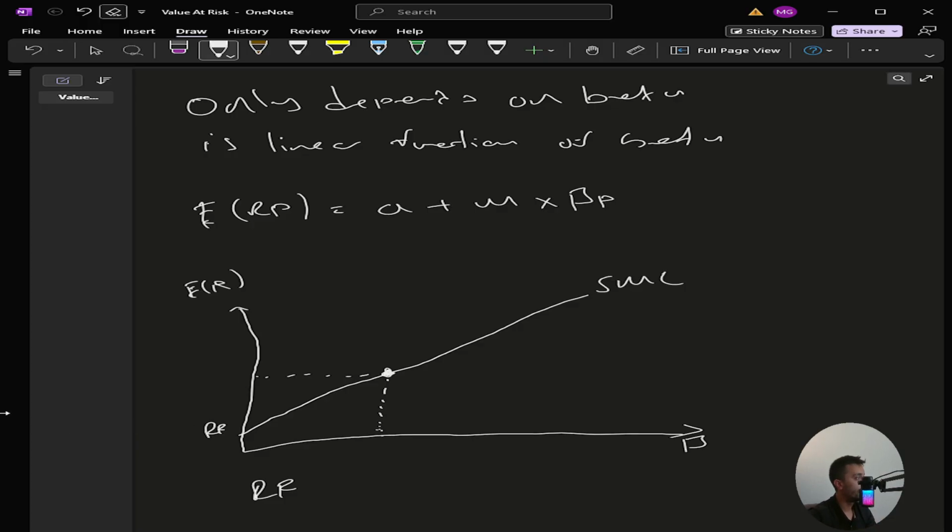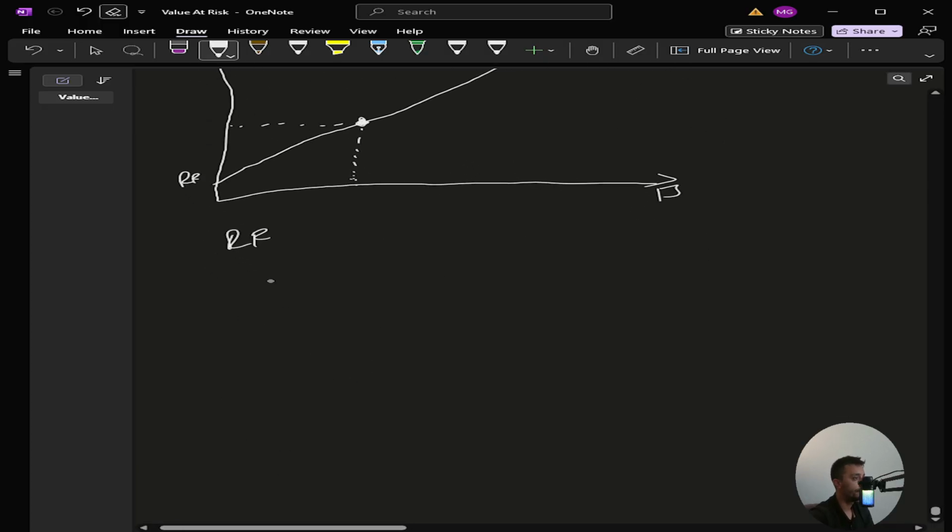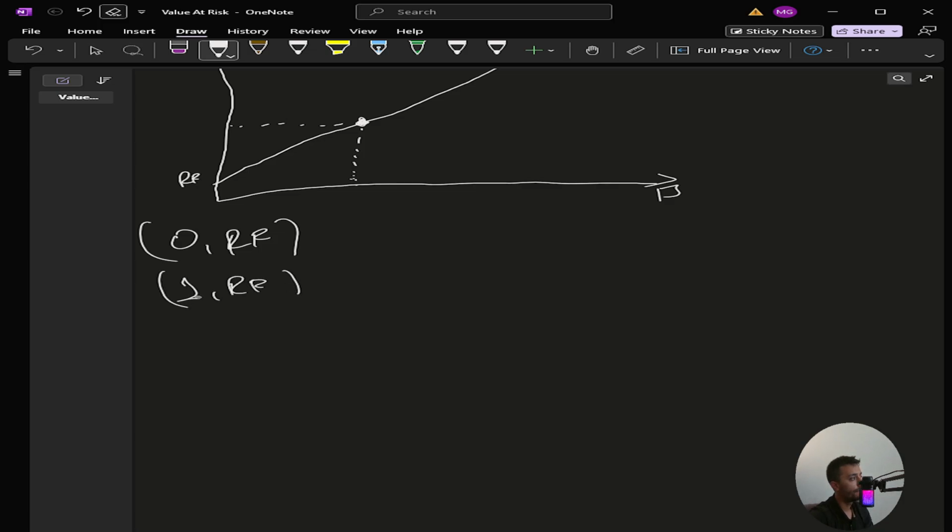To calculate the value of the slope, we will need to know 2 points along the line. We already know the coordinates for the risk-free asset, which are 0 and RF. We also know the coordinates of the market portfolio, which must be 1 and the market return.